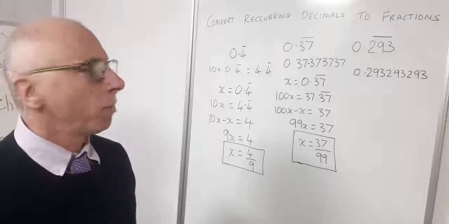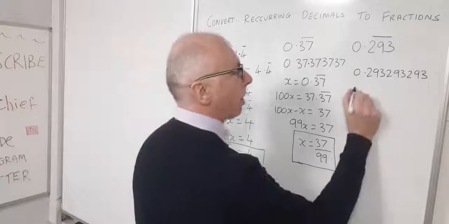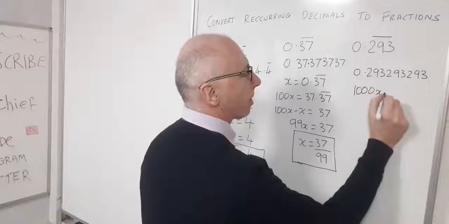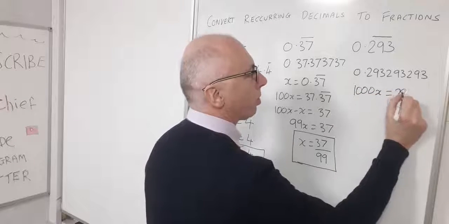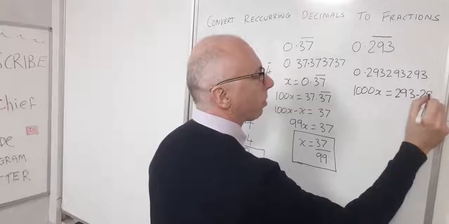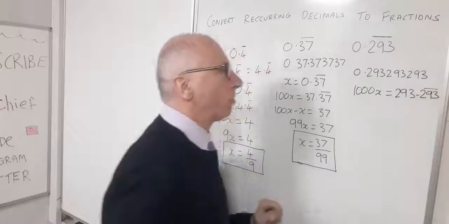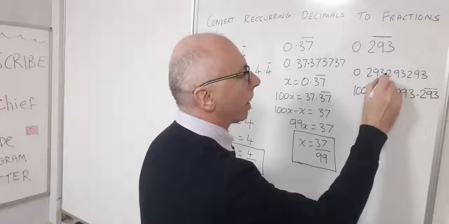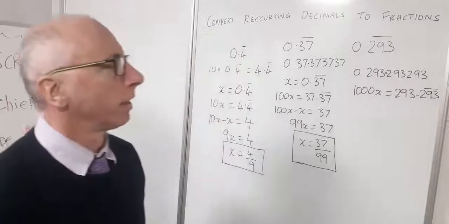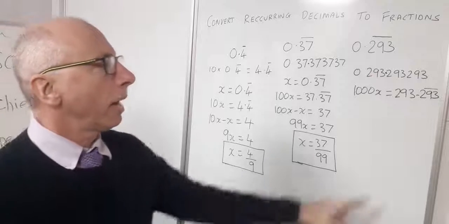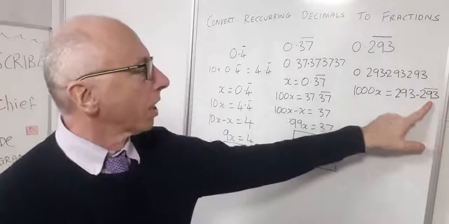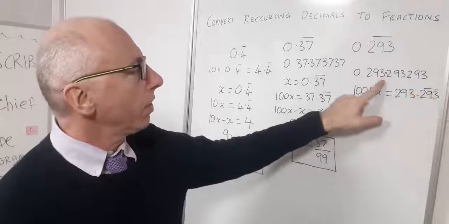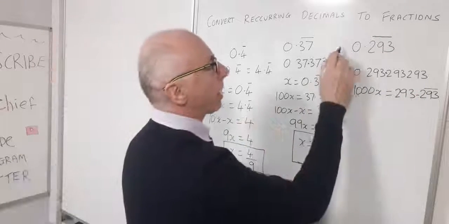So this time if I multiply it by 1,000, so 1000x, that would equal 293.293 recurring. So that would be the equivalent of taking this decimal point and just putting it here.